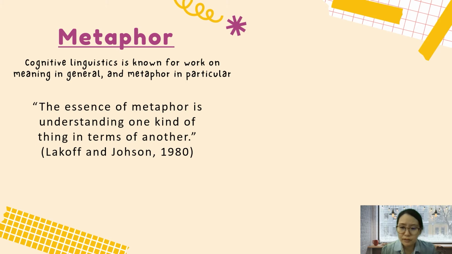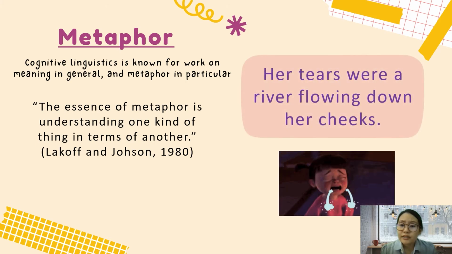For example, her tears were a river flowing down her cheeks. From this metaphor, we can know that the person is crying a lot. There are so many tears that they remind the writer of a river. So this is an example of metaphor.